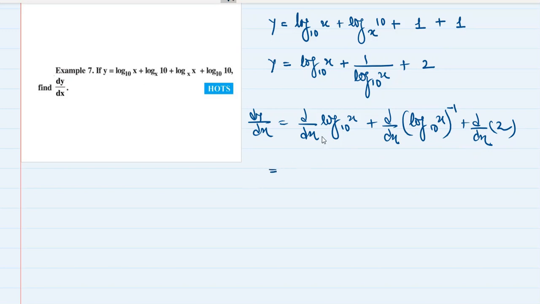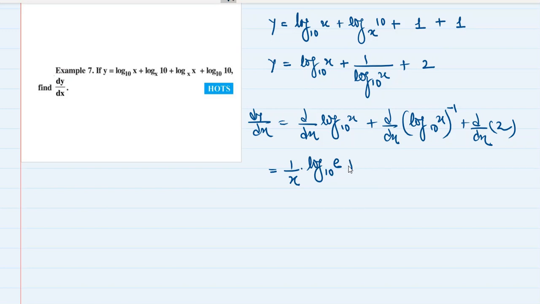Now, what is d by dx of log of x to the base 10? Remember, this is not log of x to the base e, because that would have been straight away 1 by x. But here you are going to get 1 by x multiplied by log of e to the base 10. That is the formula.